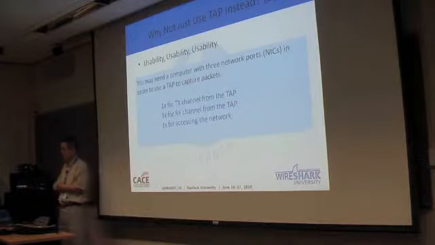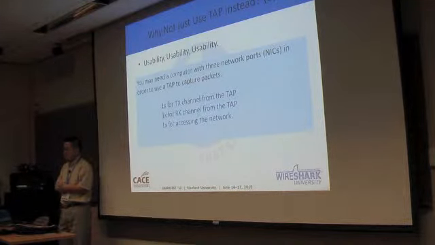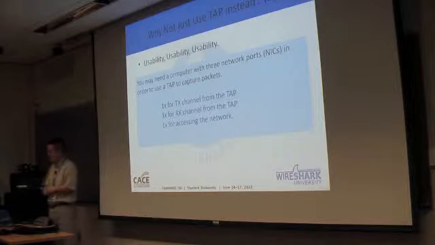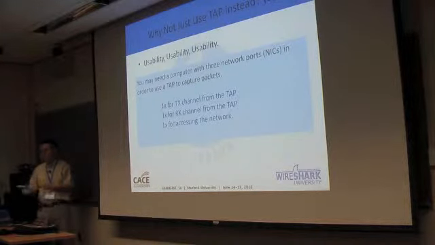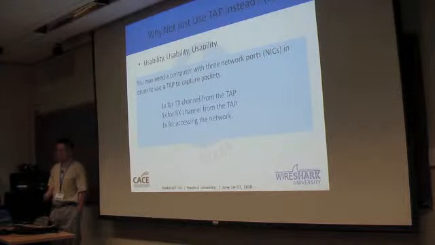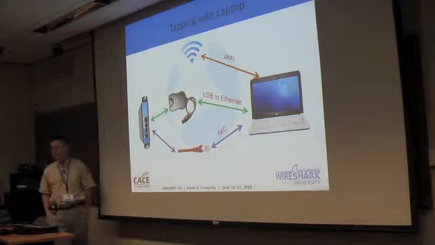How about for the laptop? Say for troubleshooting, you always carry a laptop, you go around with the TAP and do the probing. Then how do you get three network ports with your laptop computer? Here it shows an example, tapping with a laptop.